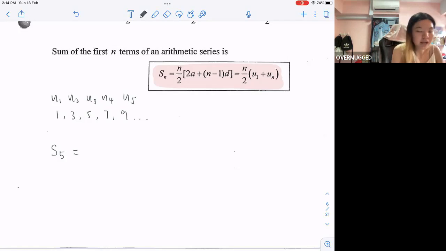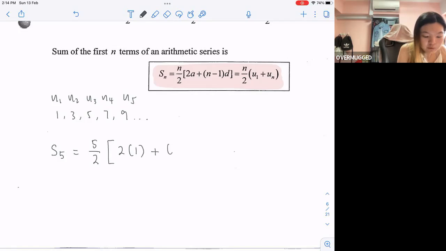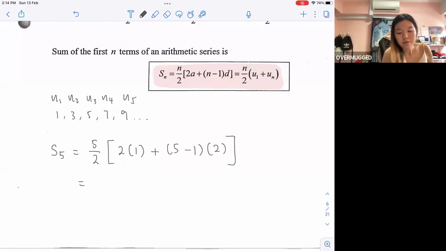My n is 5, so I'll put 5 over 2, big bracket, 2 times the first term, which in this case is 1, plus, and then again, my n will be 5 minus 1. My d, we already established, is 2, the common difference. And then you can calculate out what the sum will be. So can someone calculate this out for me? What will the sum of this be?